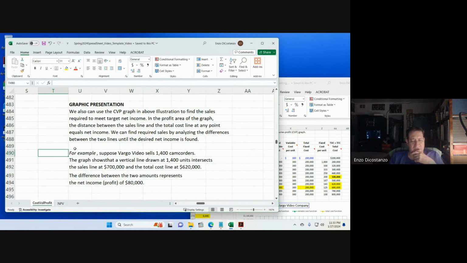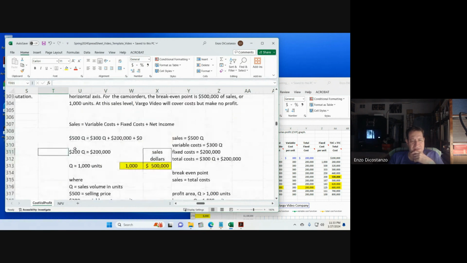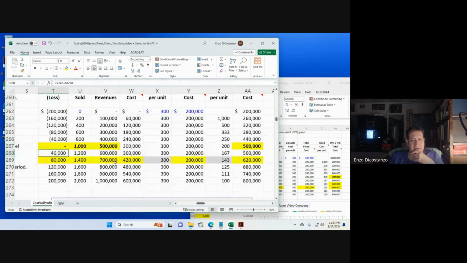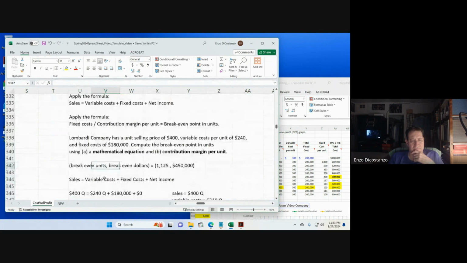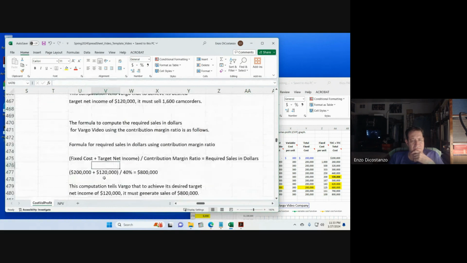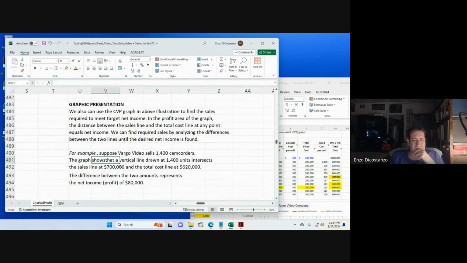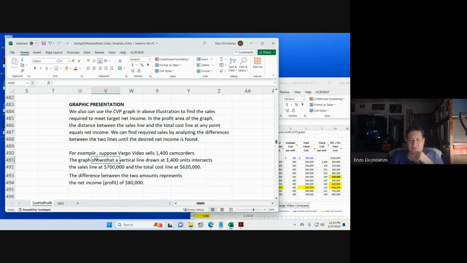So we're at this number here, and the sales line is at 700,000 and 620,000 for total cost. And obviously the profit's going to be 80,000. At 1,400, we're at 80,000.